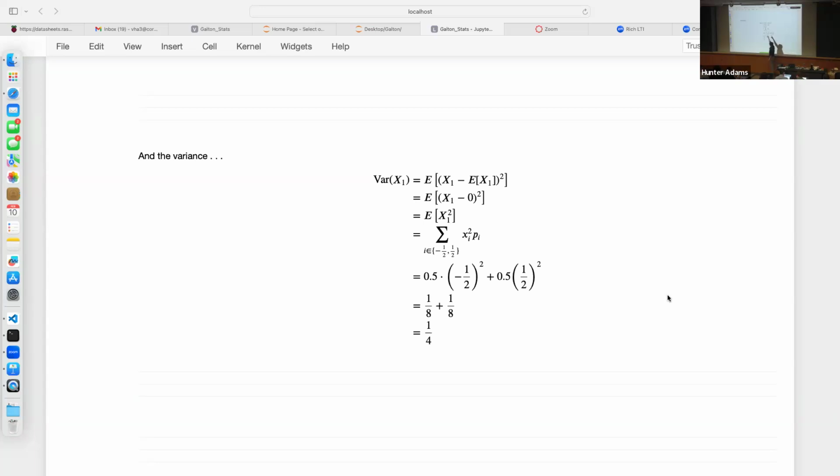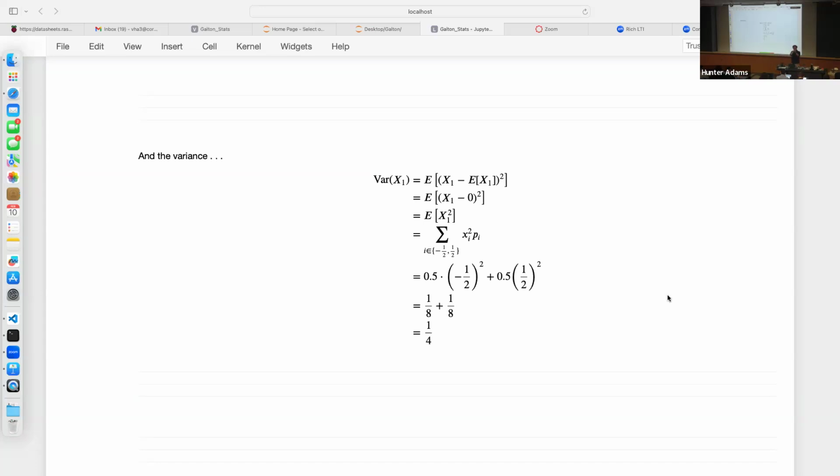So as it turns out, the variance of x1 is just x1 minus 0 squared, or the expected value of x1 squared. And so in order to compute this, all we have to do is take each possible value of x1, square it, multiply it by the probability of x1 assuming that value, and add them all up. So that would be 0.5 times minus 1/2 squared plus 0.5 times 1/2 squared. And we end up with a variance of 1/4.